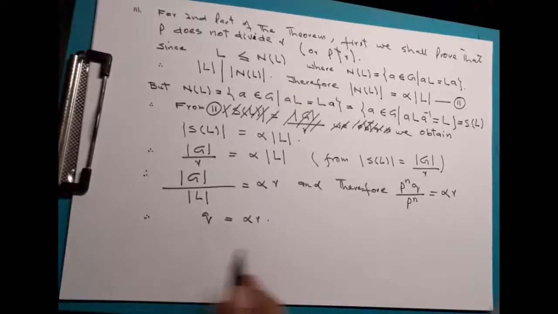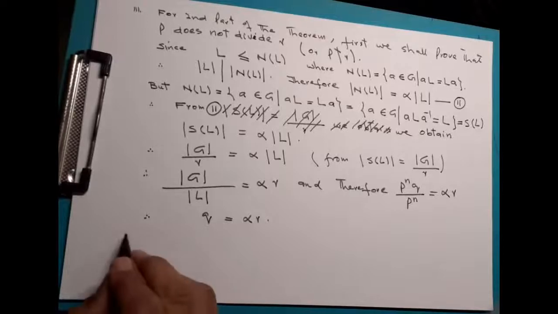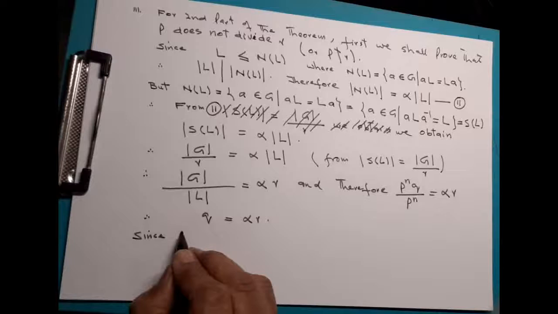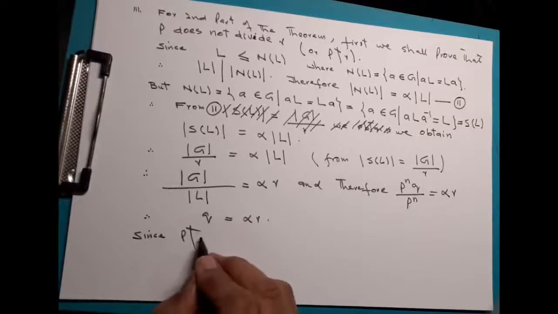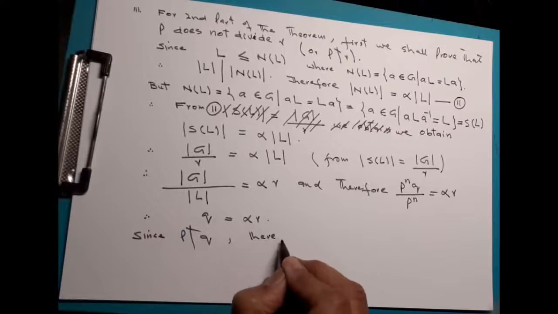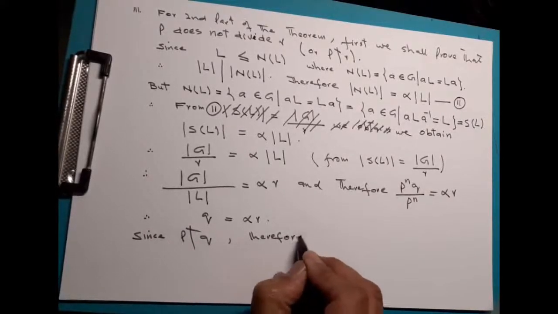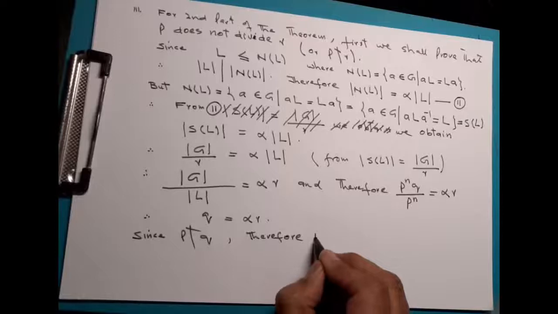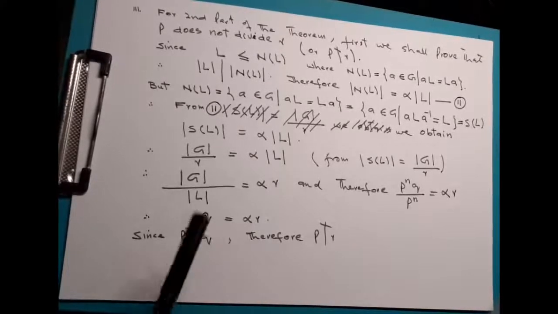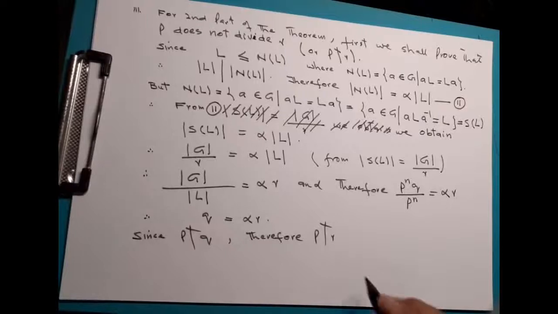Now, since P does not divide Q, because P and Q are co-prime, P cannot divide R, because if P divides R, then P will divide Q as well.